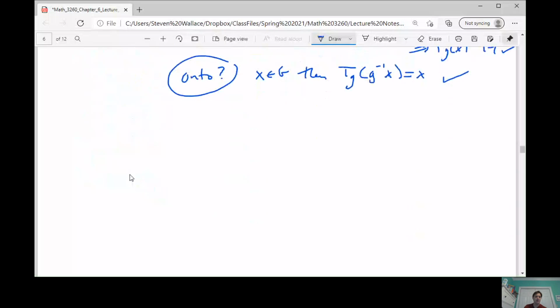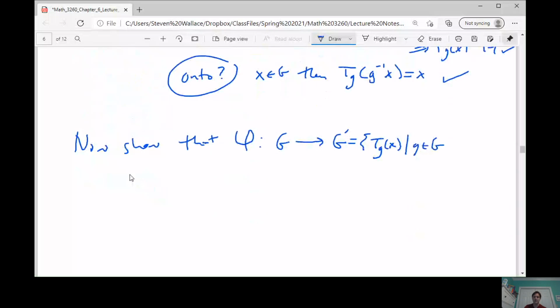Okay, and so now we have to show that this mapping goes from G to G prime, where G prime here is the set of all Tg of x's, where g is in G. Okay, and note this is a subgroup because it is a group under, well, okay.